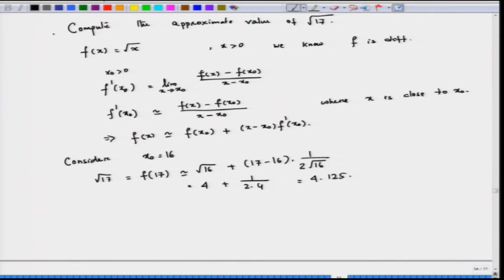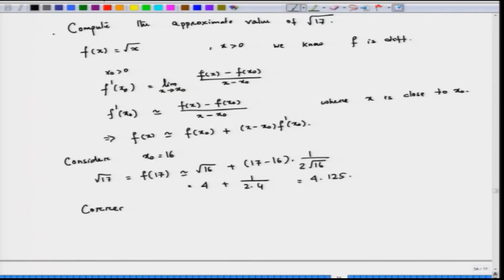If you use a calculator, you can find that the correct value of square root of 17 is 4.123.